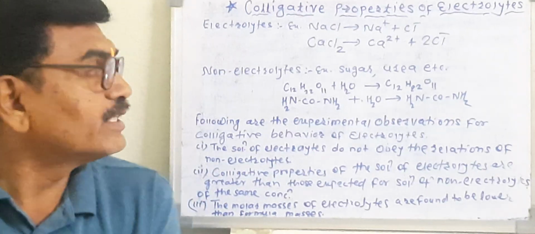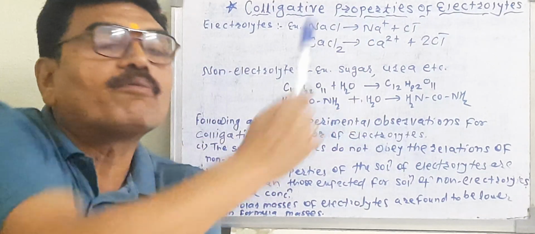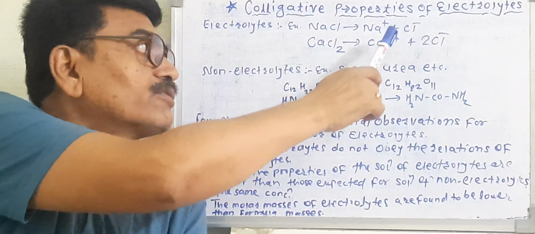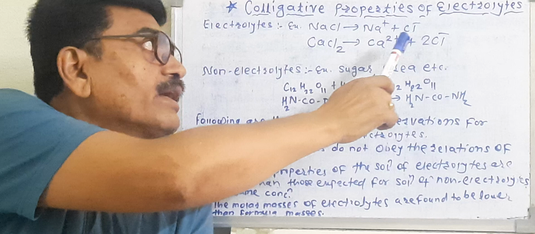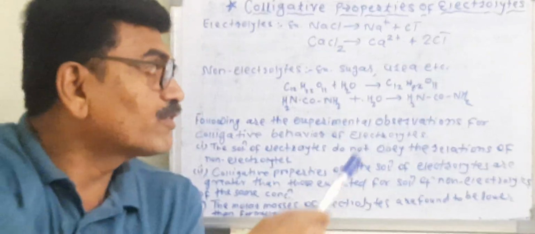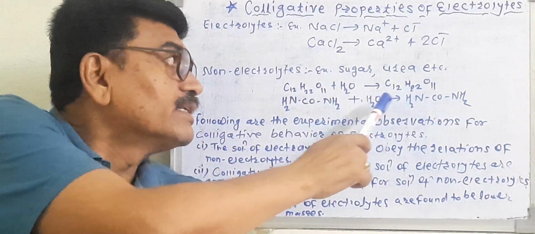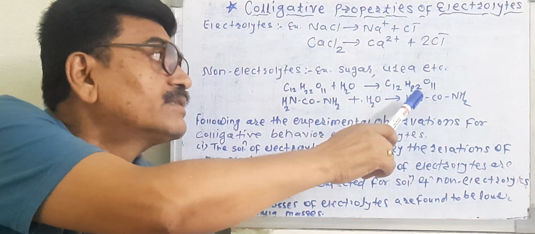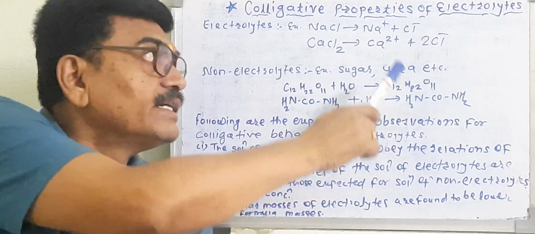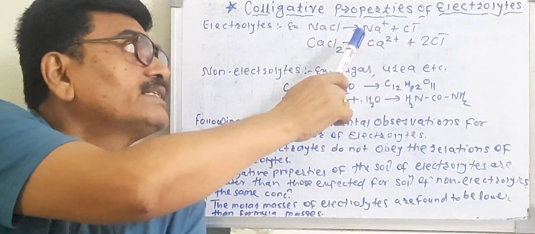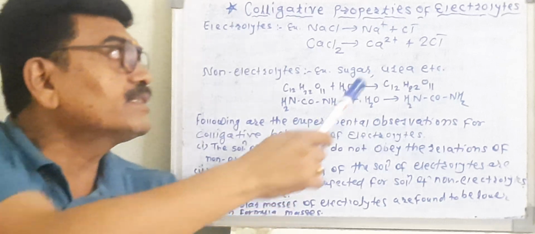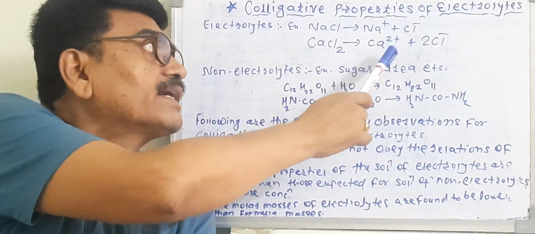We know colligative properties depend upon the number of particles, and in the case of electrolytes the number of particles increases. Look at this: this is the electrolyte and this is the non-electrolyte. In non-electrolytes the molecules remain as they are and no ion formation takes place. Here ions are formed, and as a result the number of particles doubles or more.